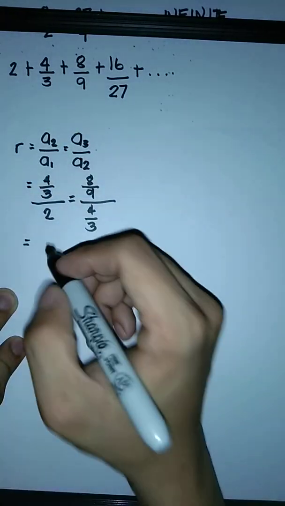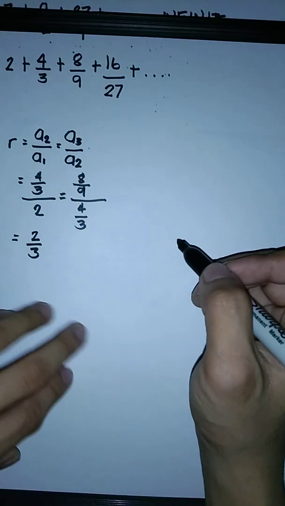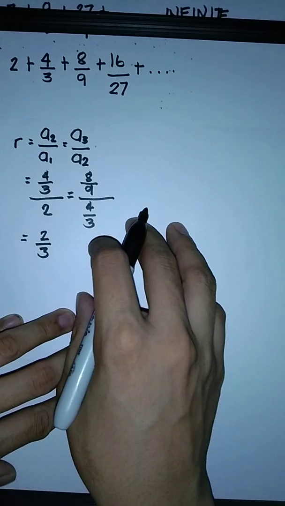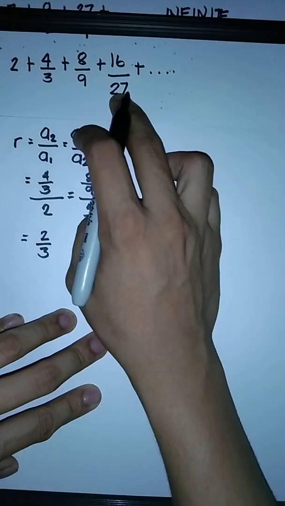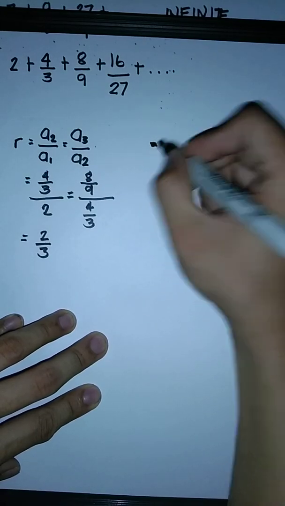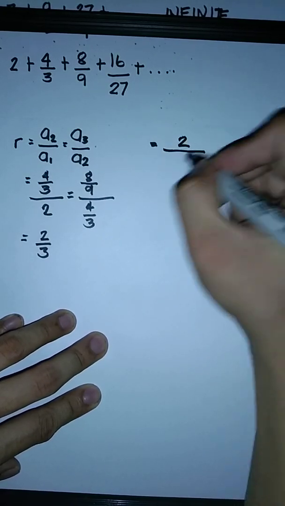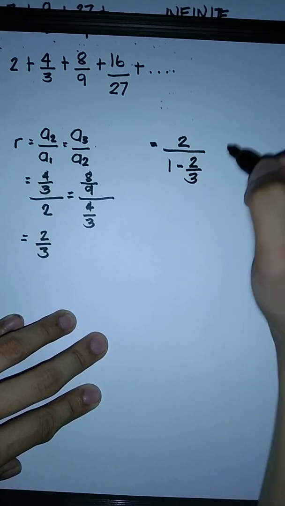But once we solve that, we will have 2 thirds as its common ratio. So, since alam natin yung common ratio at infinite yung ating given series, isosolve lang natin siya tulad ng number 2. So, we will have 2 all over 1 minus 2 thirds.